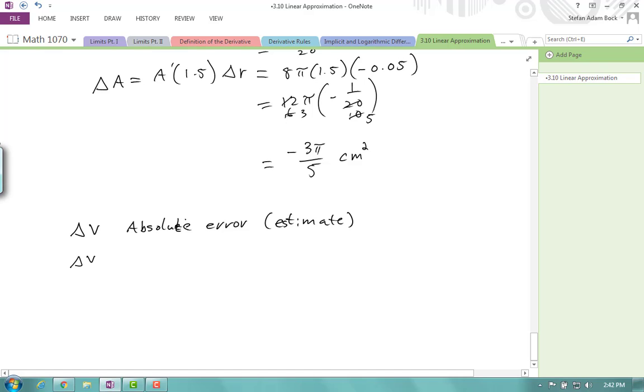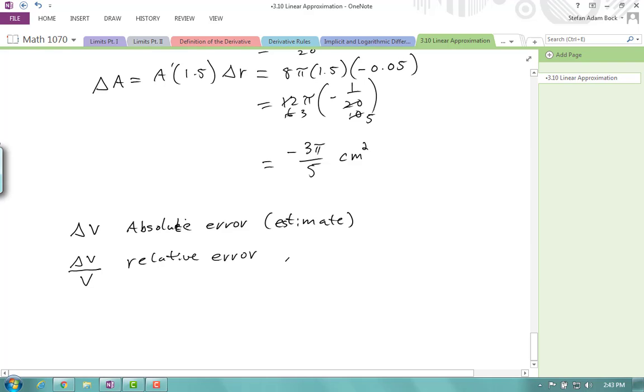Delta V divided by the volume is relative error, or relative change in size, which your error could be very, very large, but it might be very small based on the scale of your problem. Or the other way, if your problem is very small.